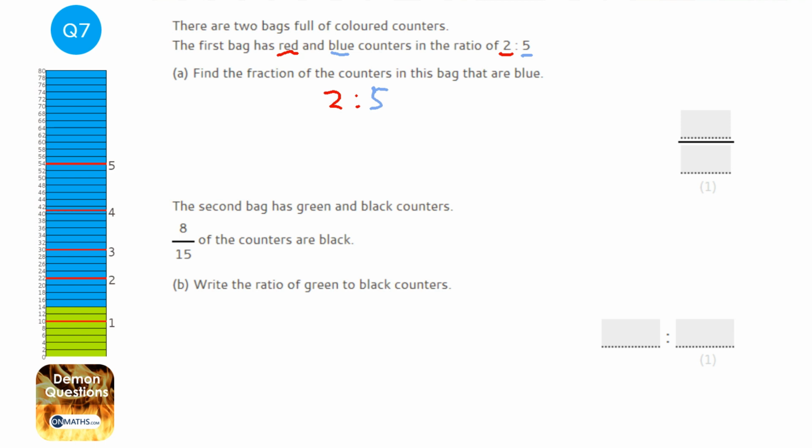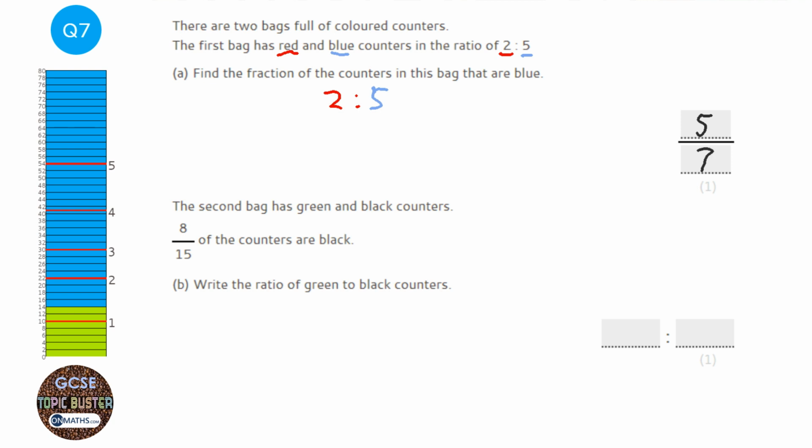So if we're looking for the fraction of counters in the bag that are blue, it's the parts that are blue, which is 5, over the total number of parts. Well, there's 2 parts red, 5 parts blue. So 2 plus 5 is 7. So it's 5 over 7.